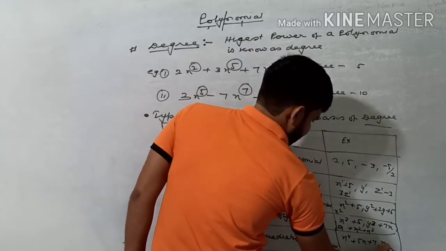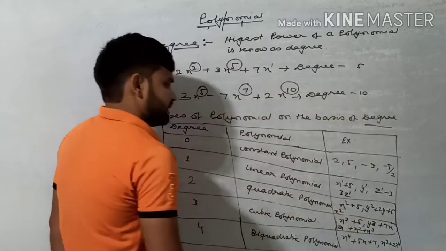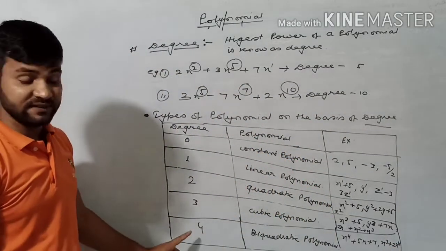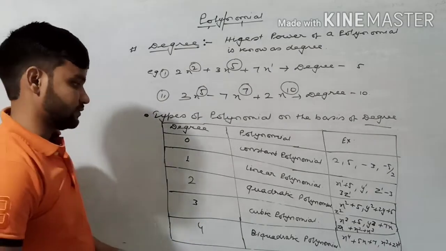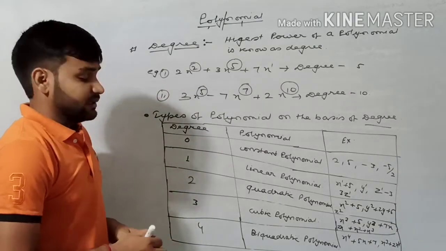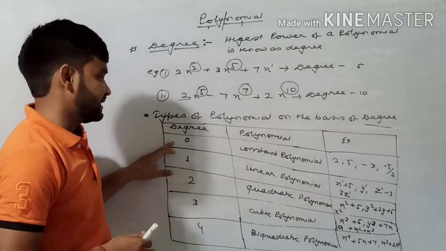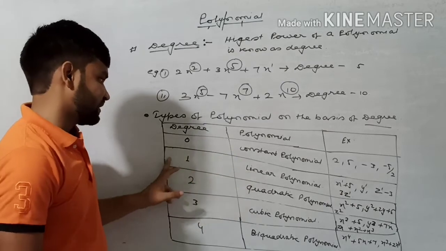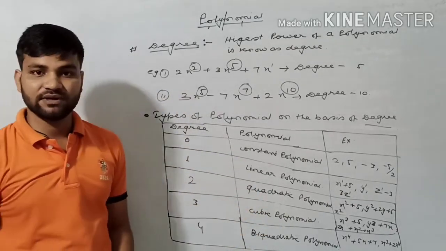Many examples: x to the power 3 plus 2x to the power 4. If degree of the polynomial is 4, then that polynomial is known as biquadratic polynomial. We clearly understand that if degree of polynomial is 0, that is constant polynomial, 1 linear polynomial, 2 quadratic polynomial, 3 cubic polynomial, and 4 biquadratic polynomial.